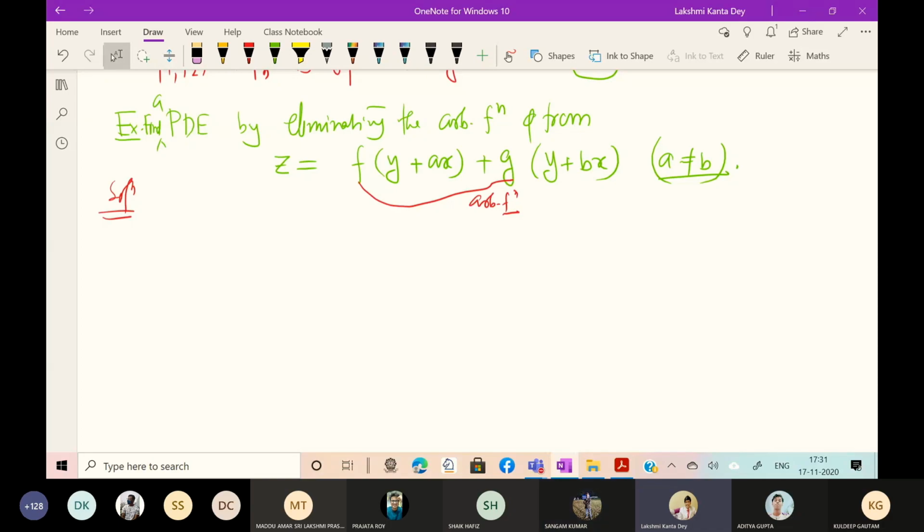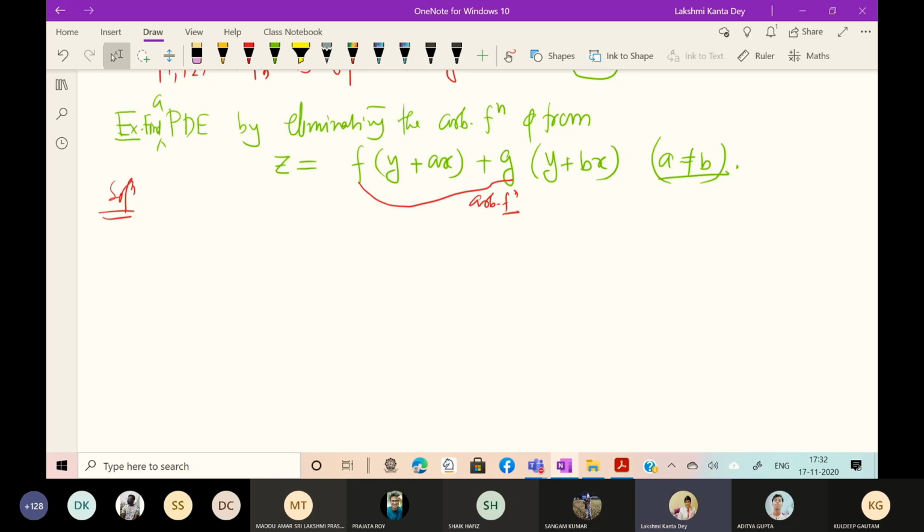That means f could be anything, any function of y plus ax. Similarly g is any arbitrary function. That's the meaning. Since f and g are arbitrary, you can get a class of surfaces or class of functions. Understand? So from our system of curves, we have to find a partial differential equation. We have to eliminate f and g only. Clear?